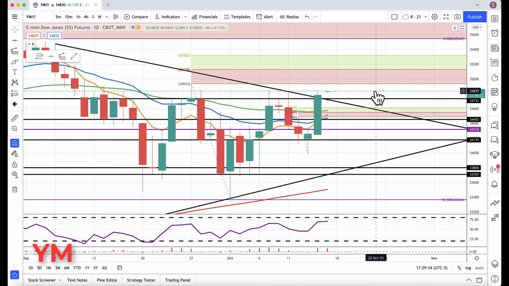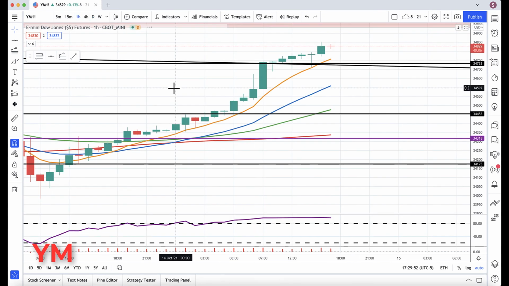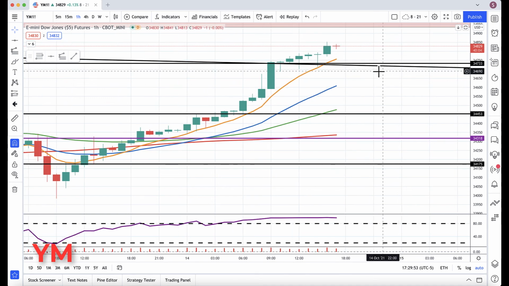Now trading above this. My next target, 34,934, 35,128, 35,322 are still the upside targets. I don't need to go over to minor targets in this one. The 1 hour support coming in about 34,733 to 34,754.